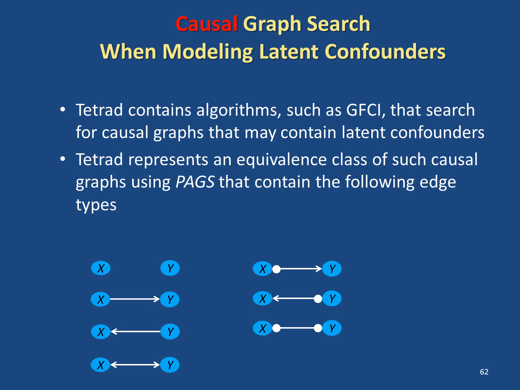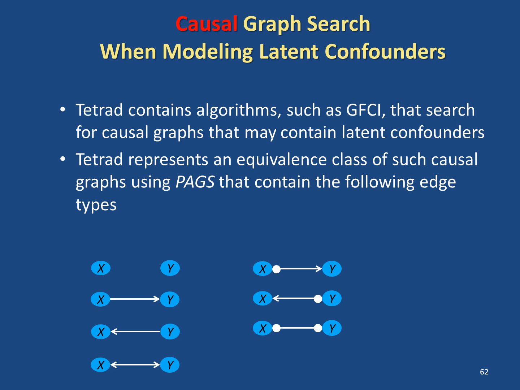What those PAGs contain are different edge types. It contains that there's no causal relationship between a pair of variables X and Y, or that X causes Y, or that Y causes X, or that there's a latent confounder of X and Y.